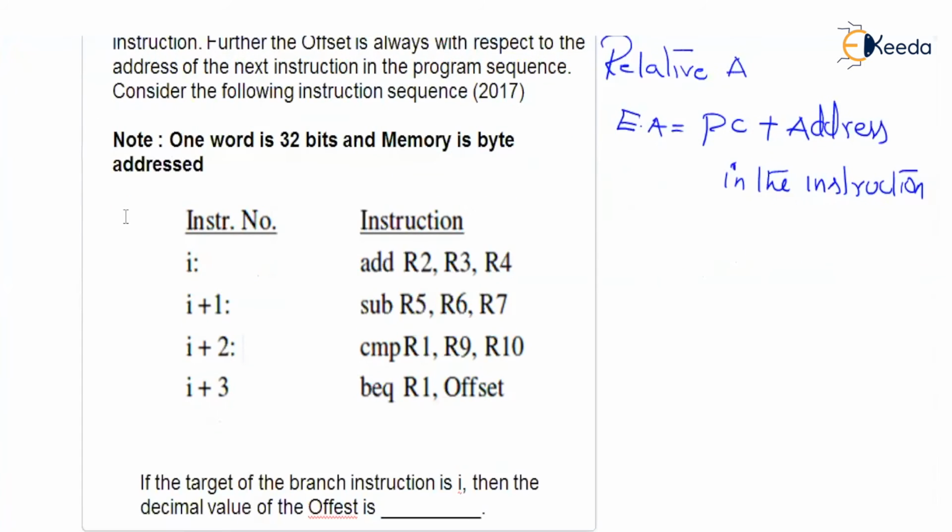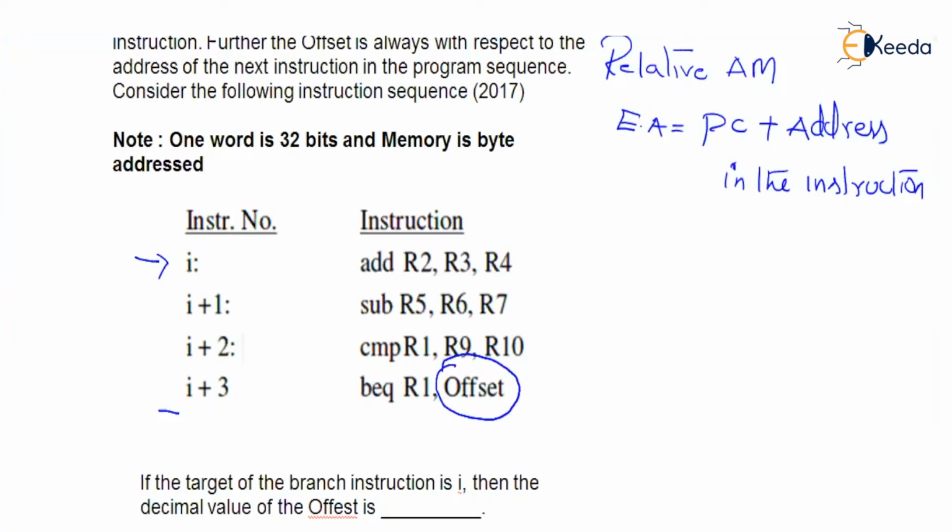Okay, now the question is, there is a program, and here the fourth instruction is branching to the first instruction. That is, if the target of the branch instruction is I, then the decimal value of the offset, that is, this fourth instruction is branching to the first instruction, that is I. So if at all the fourth instruction has to branch to the first instruction, then he's asking what is the offset, that is the address part of the instruction.